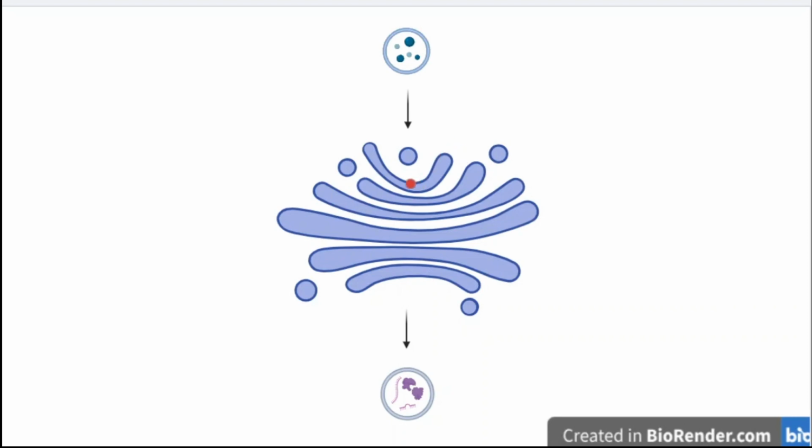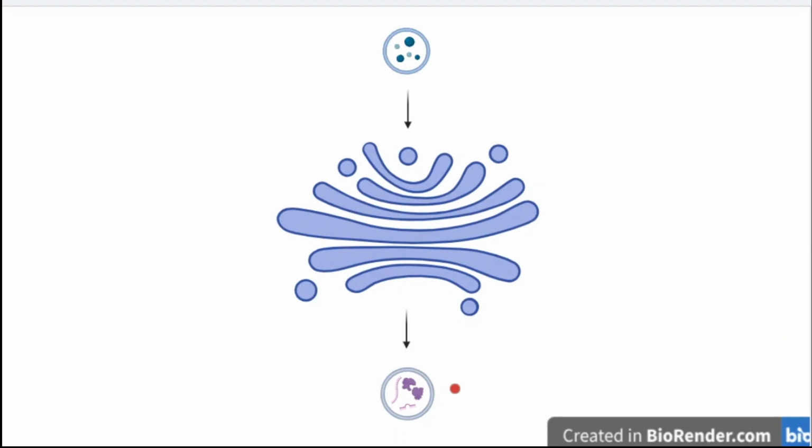However, these proteins will then be transported towards the trans side of the Golgi apparatus, and at the end, the proteins will be released again inside a vesicle, so again in a membrane. And these vesicles will then be transported to their desired destination so that these proteins can exert their functions. I find this very interesting, it's almost like industry.